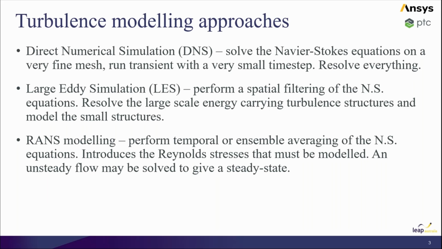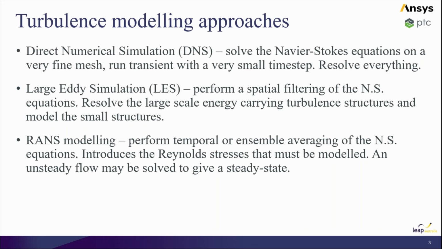The nice thing about RANS modeling is that turbulence is inherently 3D and transient, but for many flows, we can now get a steady state solution. So if you just take the simplest flow down a pipe, we cannot run that as a steady large eddy simulation. It has no sense to run a large eddy simulation in a steady state mode.